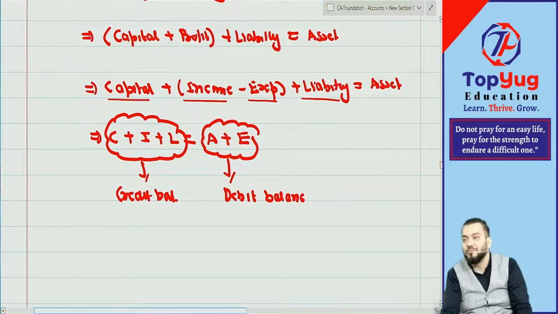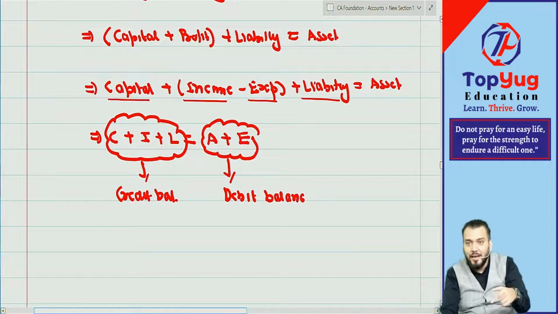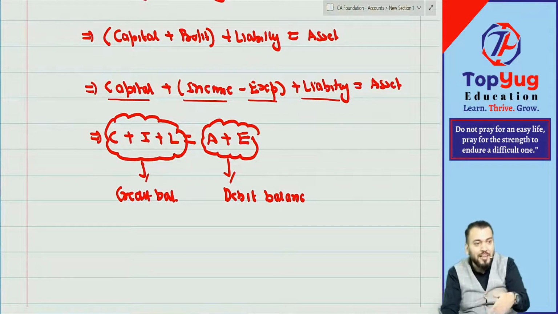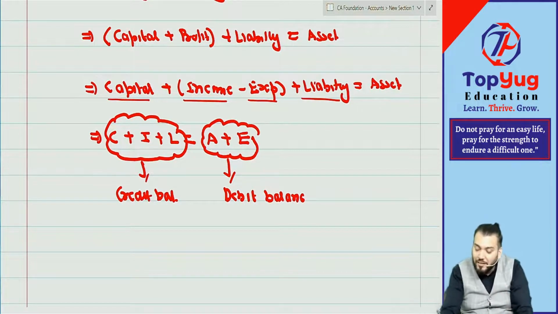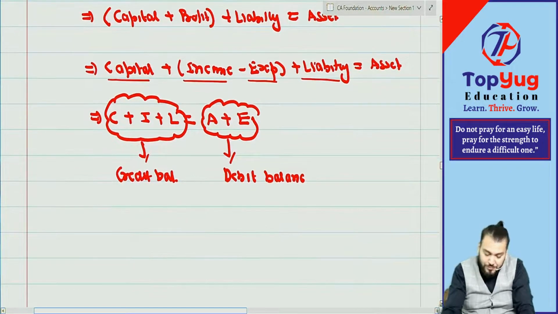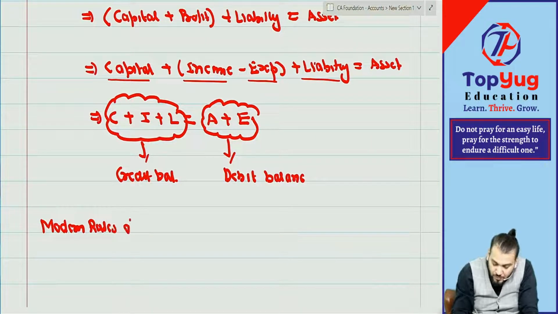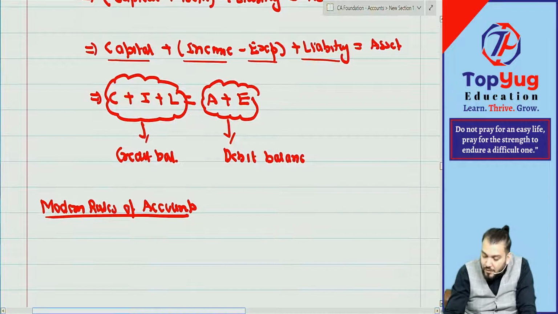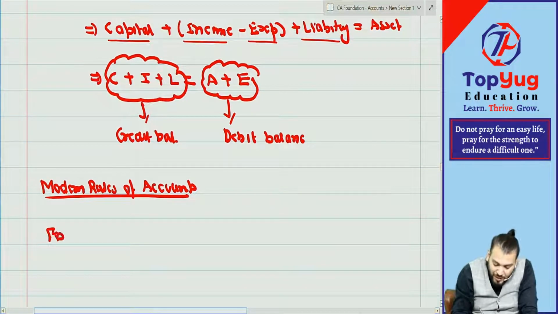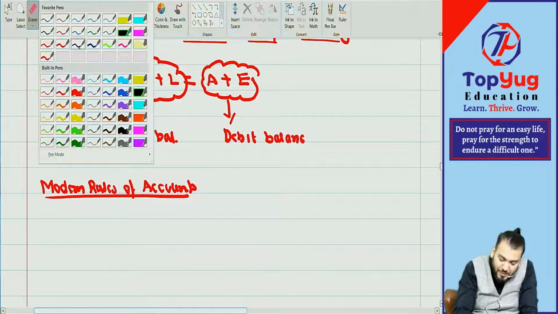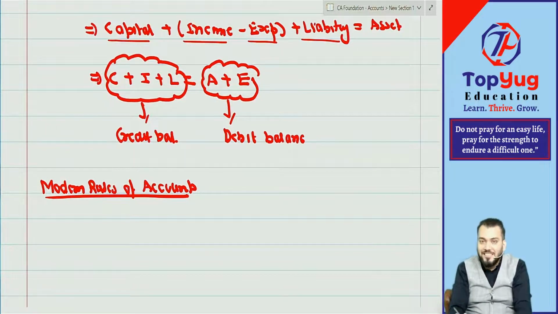From this, one rule has been derived. That rule is known as the modern rules of accounts. Have you understood? The rule is very simple. Can you say for asset and expense there is one rule, because both have debit balance?